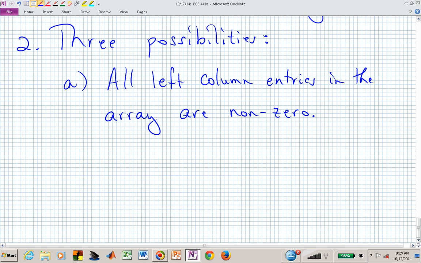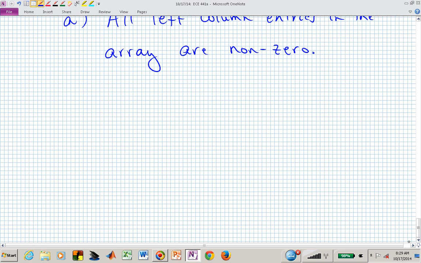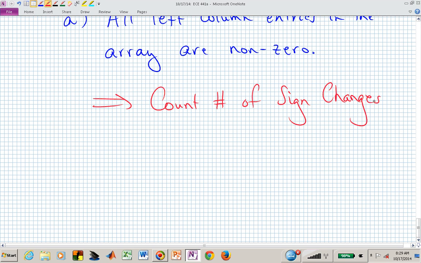They're there. They may not all be positive or negative. What we will do now is, after we've built the Routh array, we count the number of sign changes in that left column.